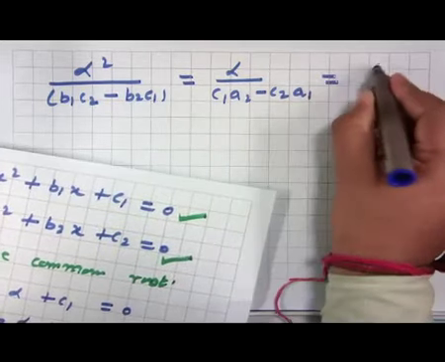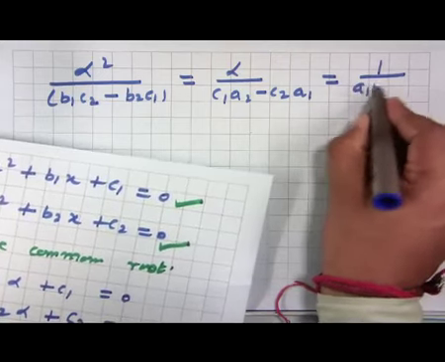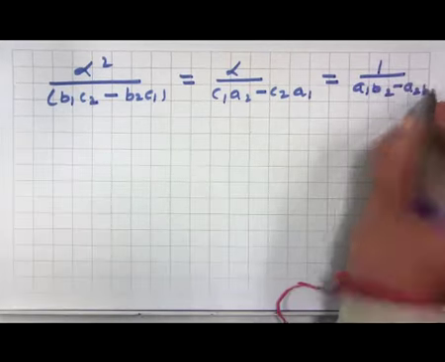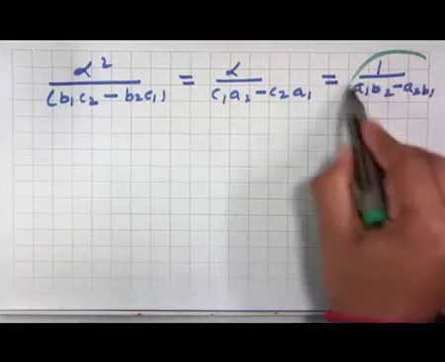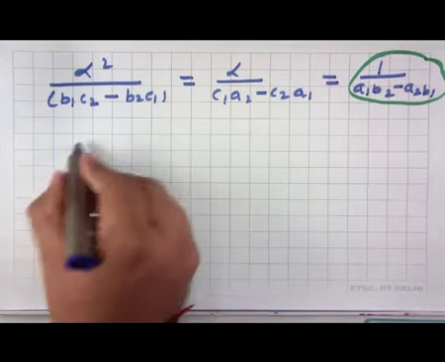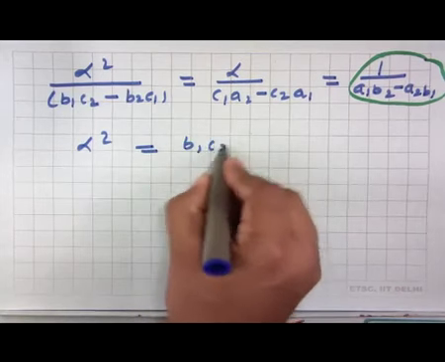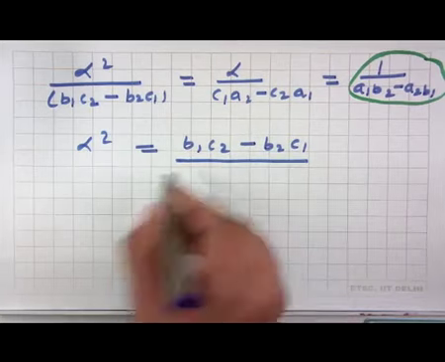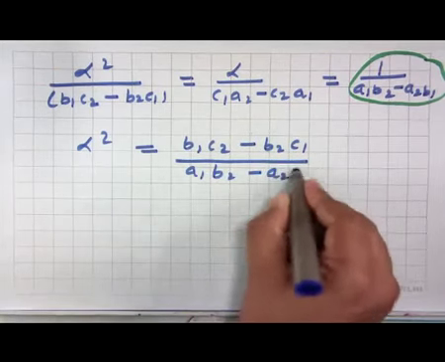Now, 1 over a1 b2 minus a2 b1. Now, alpha square will be b1 c2 minus b2 c1 divided by a1 b2 minus a2 b1.